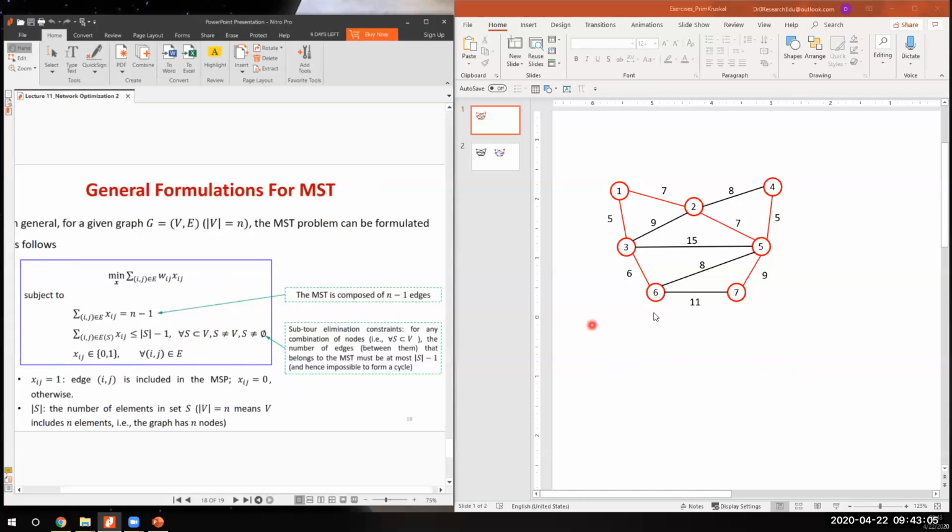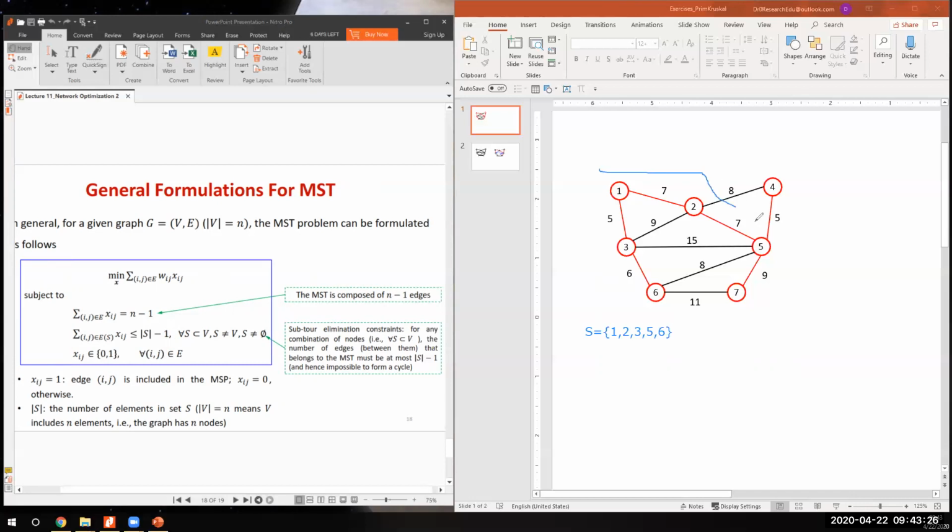So this is the meaning of this constraint. And we can play something bigger. For example, let's consider this, but it's going to take a long time to write. Anyway, I think it's worth it. Consider S equal to, for example, {1, 2, 3, 5, 6}. So it's going to be a subgraph like this.